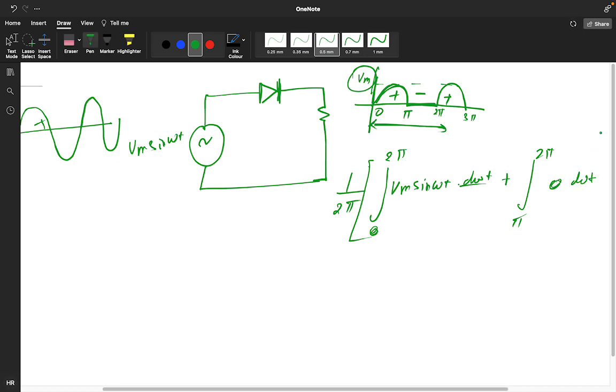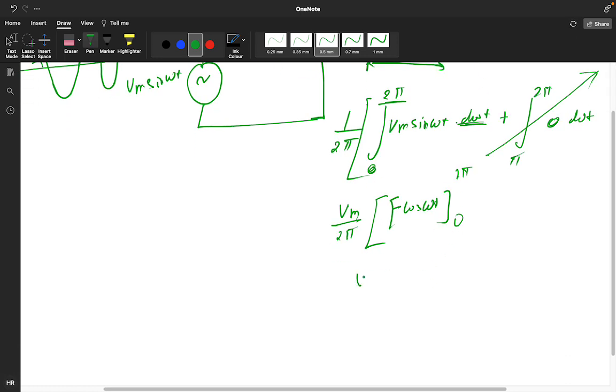If you solve this, what value will you get? Vm divided by 2 pi into minus cos omega t. No omega will come down, because we are integrating with respect to d omega t, and we have taken 2 pi only. So put in the limits 0 to 2 pi.